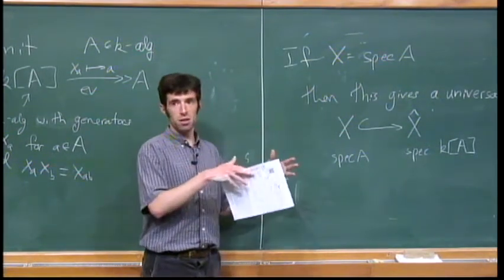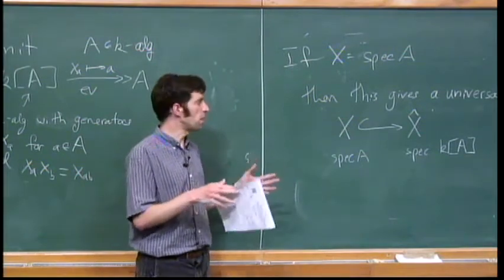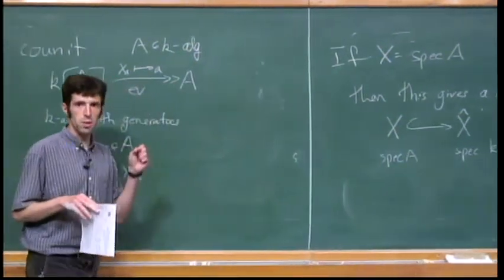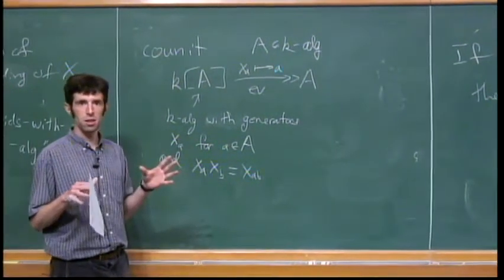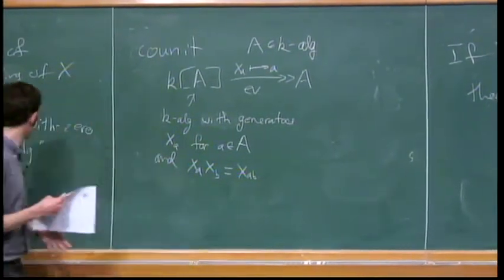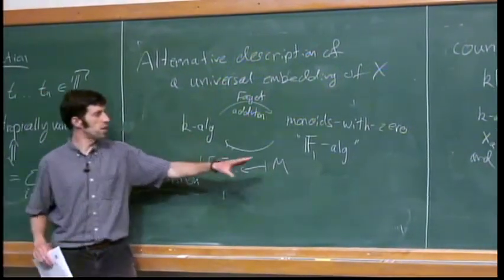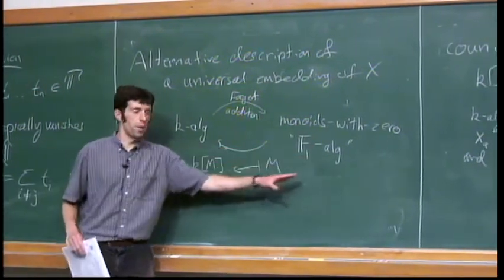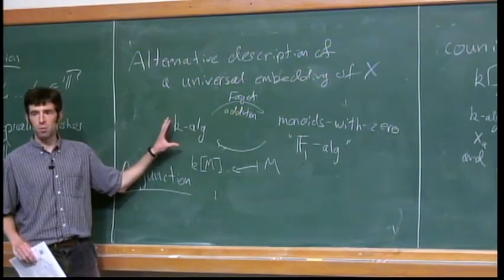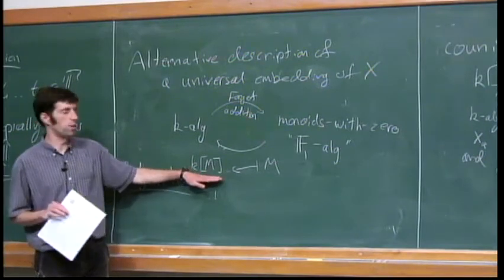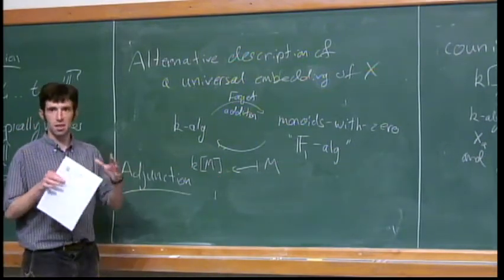You don't have to necessarily tropicalize inside something which is a toric variety. You can tropicalize inside anything which is locally of the form spec of K adjoin some monoid. It's just being in the image of this base change. You need something which was an F1 algebra base changed to K. And if you're embedded in something of this form, then you can tropicalize. And that's the only thing that you need to tropicalize, at least on an affine patch.